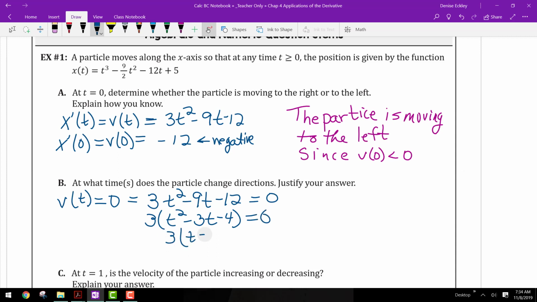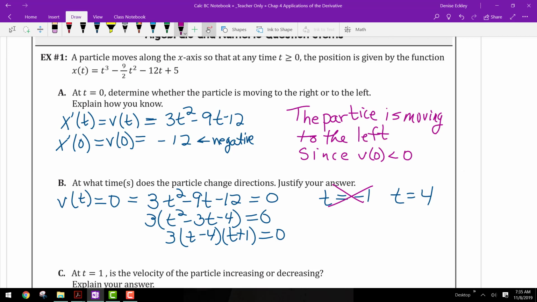So when we factor, we get 3 times t minus 4 times t plus 1 equals 0. So our two zeros are t equals -1 and t equals 4. Obviously, t equals -1 is out since we can't have a negative time.